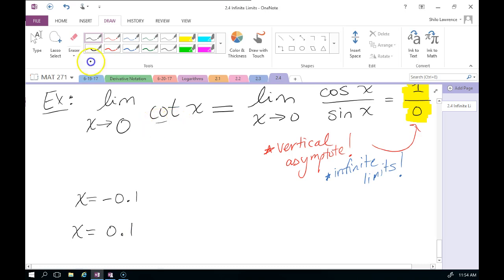Now you do not have a cotangent button on your calculator, but you do have sine and cosine buttons, or you may remember that cotangent is 1 over tangent. So however you want to do it, we need to figure out what the value of this function is at negative 0.1 and positive 0.1. More specifically, we need to know whether it's going to come out positive or negative.